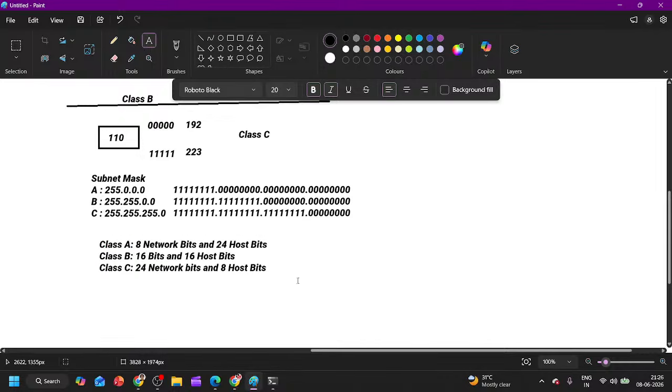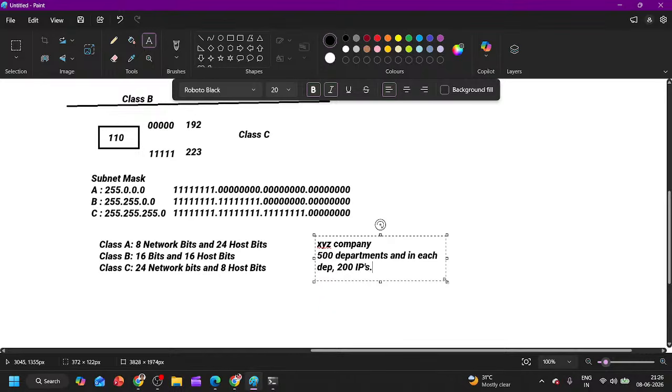Understand the requirement again. In a company, let's say XYZ company, there are 200 or 500 departments, and in each department 200 IPs are required.